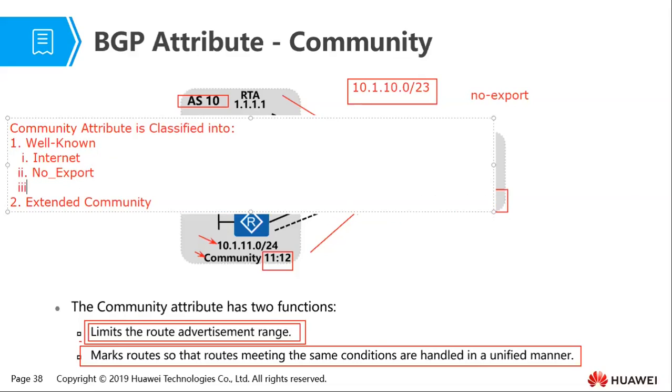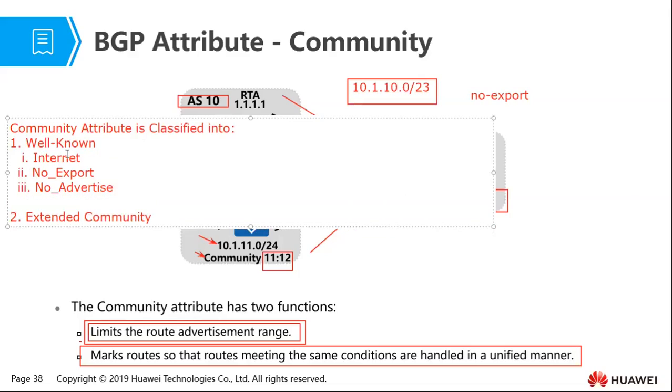Then the third one is no advertise. Then the last one is known as no export subconfed.